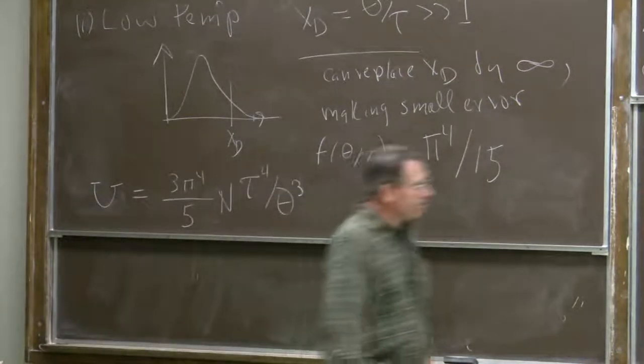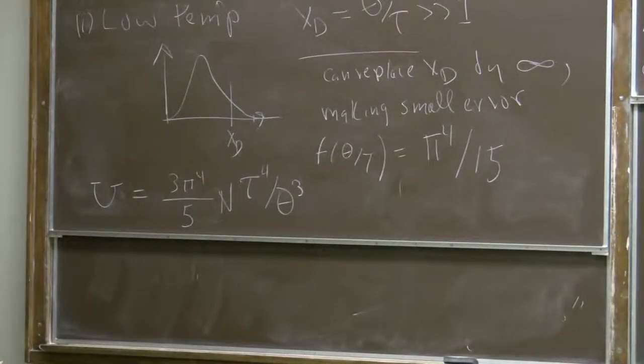Because I just multiplied what I had over here by pi to the fourth over 15. 9 over 15 is 3/5.